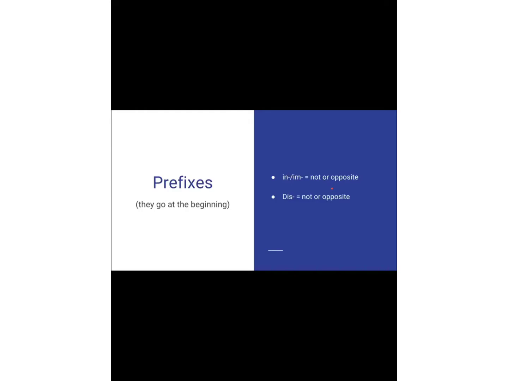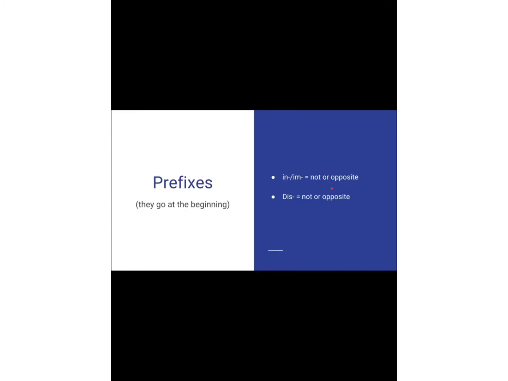If it's impossible, then it's not possible to do. So IN and IM, even though they are spelled differently, they mean the same thing. So keep these two together in your mind and memorize them. Also, dis means not or opposite. So if I am displeased, I'm not pleased.